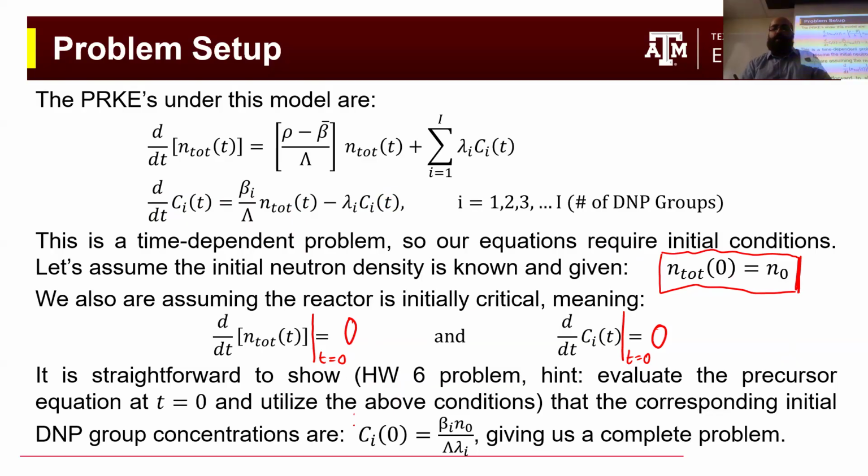If you use that definition of the derivative being zero at time zero, you should be able to solve that second equation to get this form for the precursor densities at time zero. And if you know the initial values of these two functions, then you basically have everything that we need to be able to solve the problem.